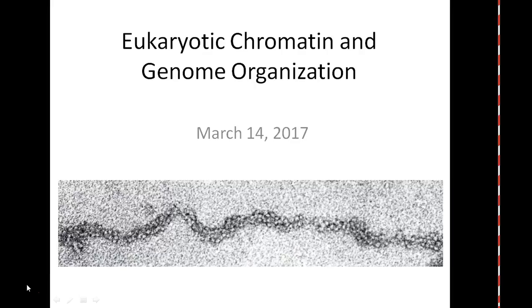So today we're going to focus on the eukaryotic chromatin and genome organization. And this is a really nice image, taken by the electron microscope, and I really like those types of images because they show you the real thing. We cannot see chromatin using the regular microscope, but we can with the powerful electron microscope. This shows how the real chromatin looks in the nucleus.